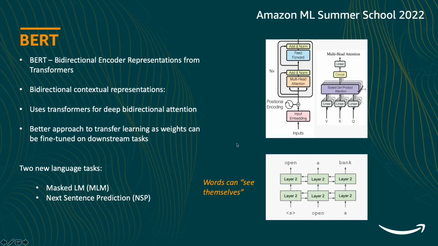And this BERT architecture is based on transformers. It only uses the encoder part of the transformer architecture. In the encoder part, it takes n tokens as input, and it produces n output vectors corresponding to the n input tokens.